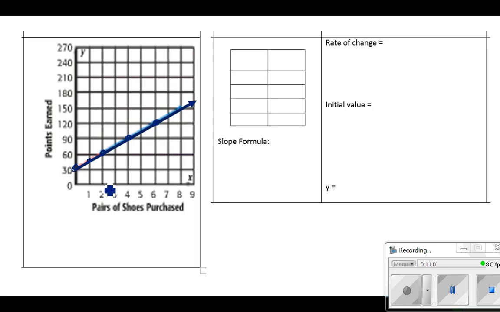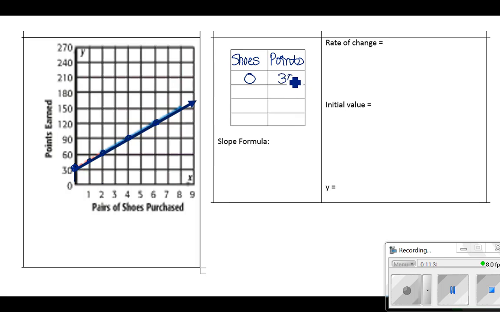So on our table, we have shoes as our x value and points as the y. Let's start off with 0. If you buy 0 pairs of shoes, you still get to have points. And we look at our graph, and it's 30 points just for signing up.